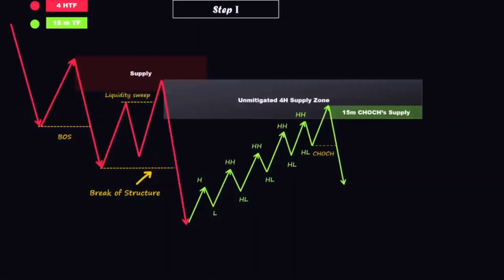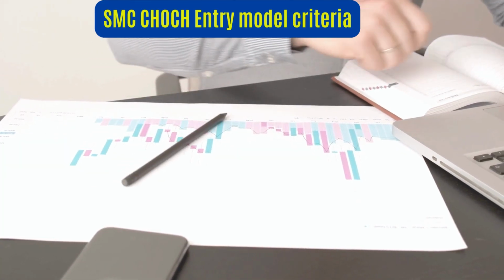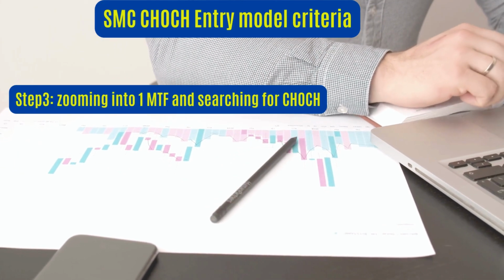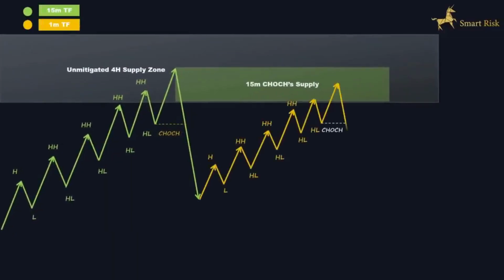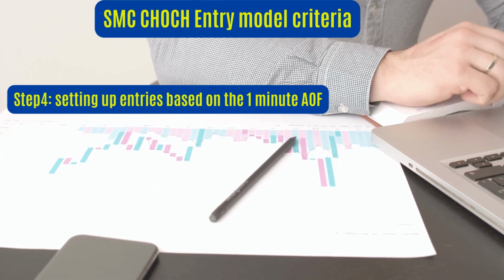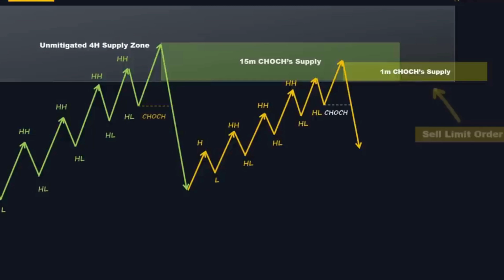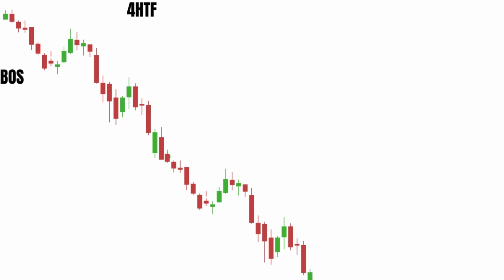If the price forms a 15-minute time frame change of character pattern, we proceed to zoom into the 1-minute time frame to search for any signs of a change of character. After fulfilling all the mentioned criteria, we proceed to the last step, setting up an entry on the 1-minute time frame. Now, let's delve into the details of each step.